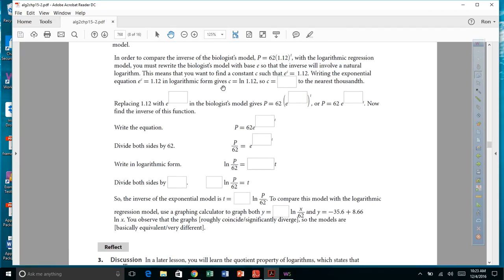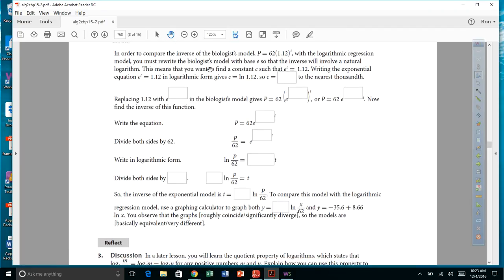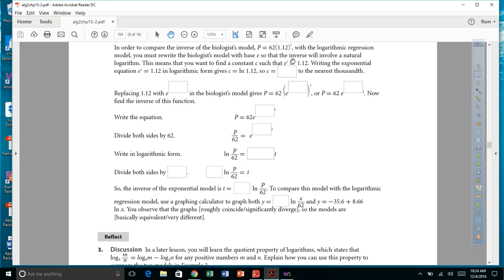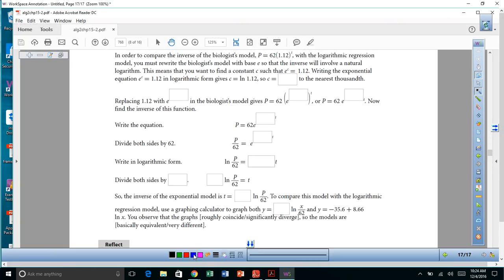In order to compare, you must rewrite the biologist's model with base e so that the inverse will involve a natural logarithm. This means that you want to find a constant c such that e to the c equals 1.12. Writing the exponential equation e to the c power equals 1.12 in logarithmic form gives c equals the natural log of 1.12.